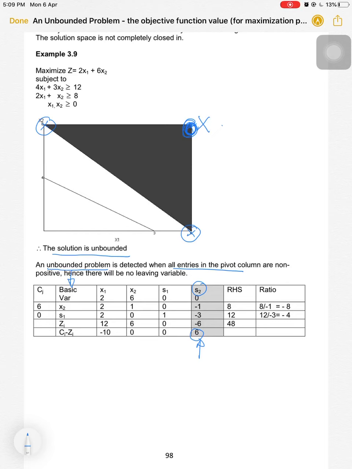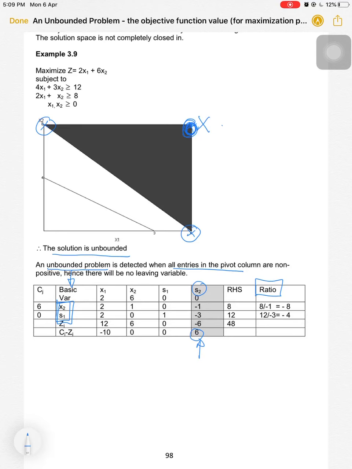Okay, once S2 enters into basic variable column, one of the variables here must leave. So which variable should leave from here? We will calculate ratio.